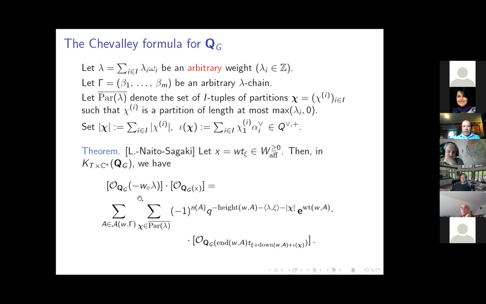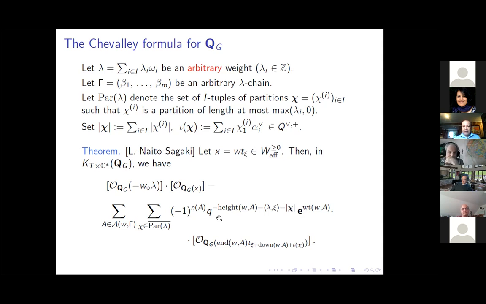And then there is also here a sum over these tuples of partitions. And then we have a Schubert class indexed by an element of the affine Weyl group, which is specified there. And then we have the equivariant coefficients, E to some power and Q to some power.